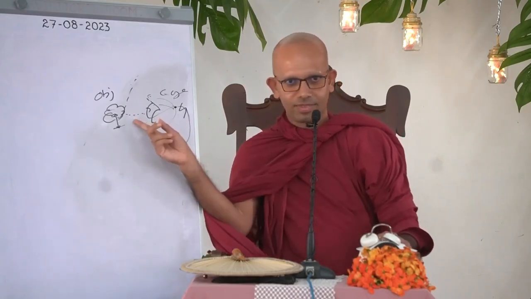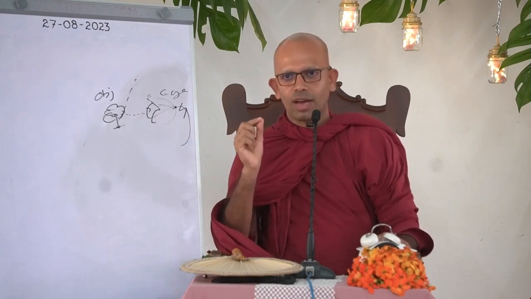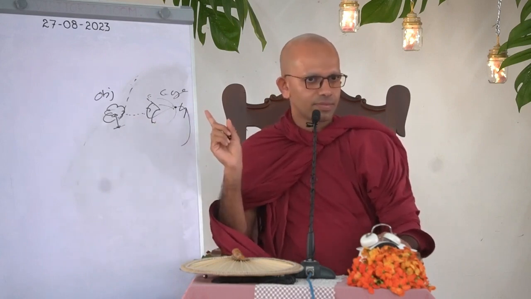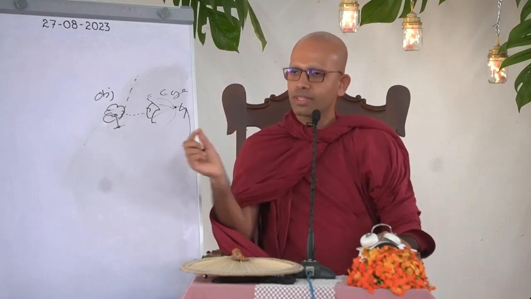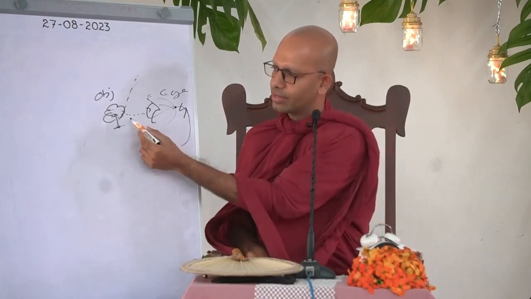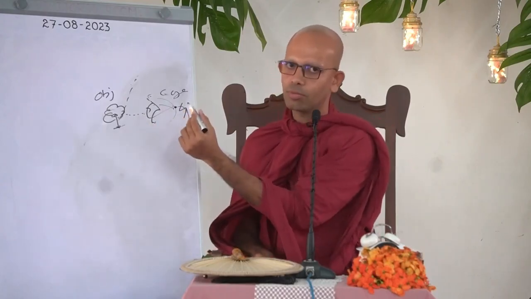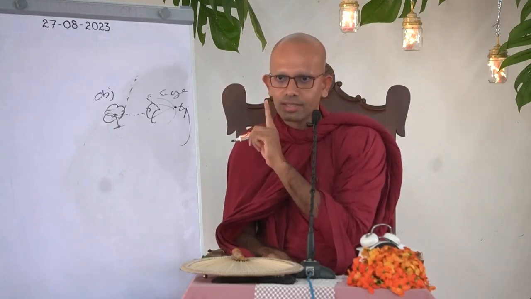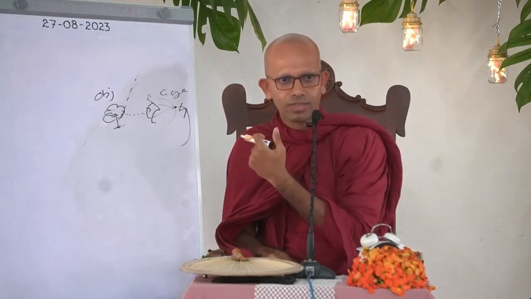Here's light. You know, how far can you bring this object to the mind? How far can you bring the actual object to the mind? How close can you bring the object to the mind? The closest you can bring the object is only as far as the eye. You can place it right up here, in front of your pupil, but you can't take it any further in, can you?